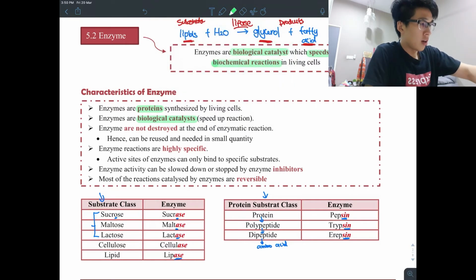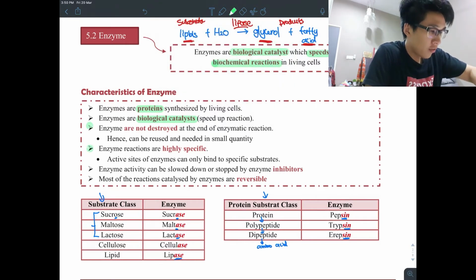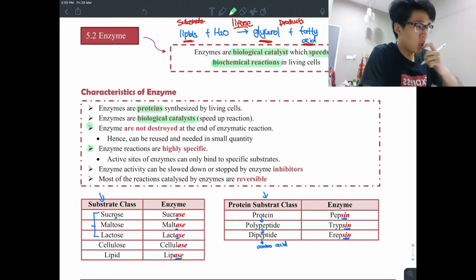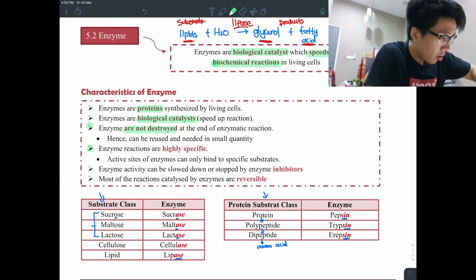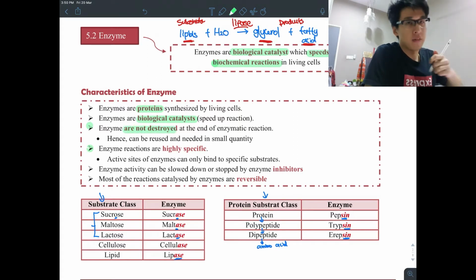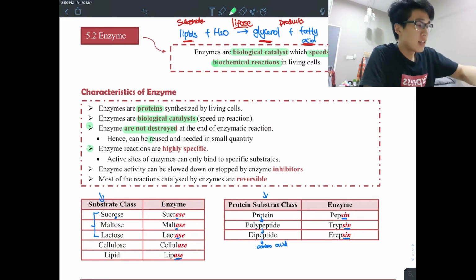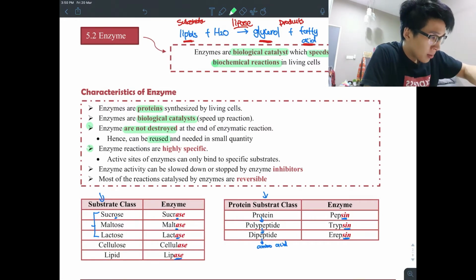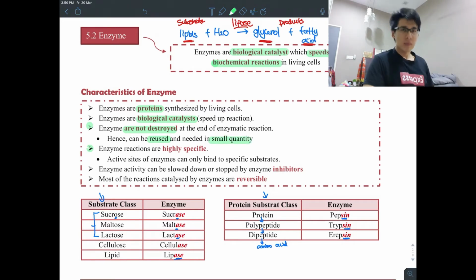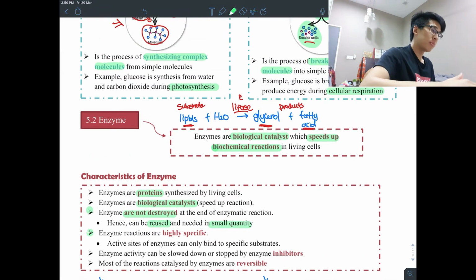Number 3 and 4, these 2 are the most important ones. Enzymes are not destroyed at the end of the enzymatic reaction, hence they can be reused and only needed in small quantity. So what does that mean? For example, lipase.